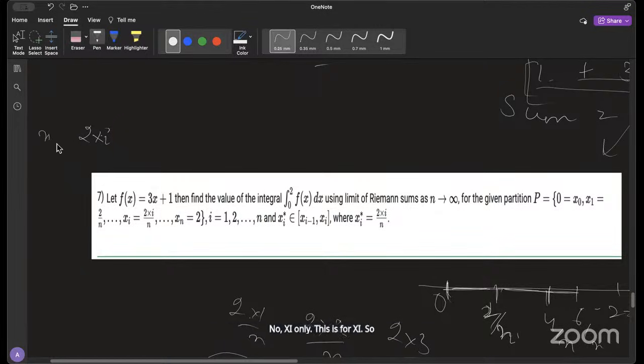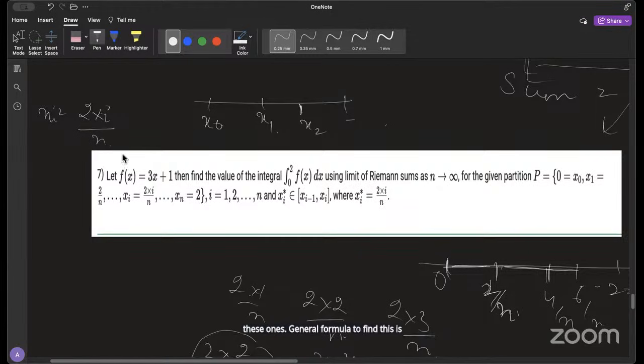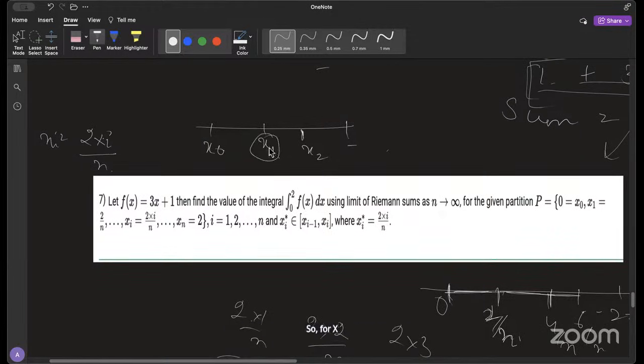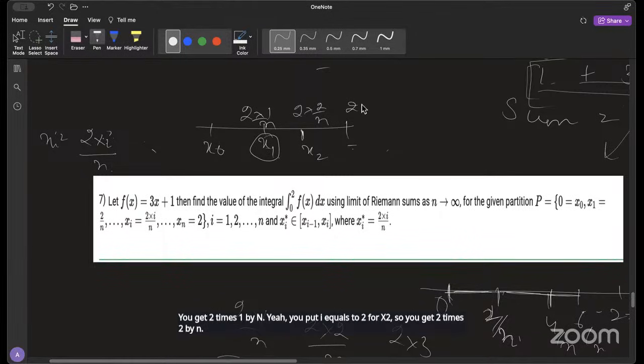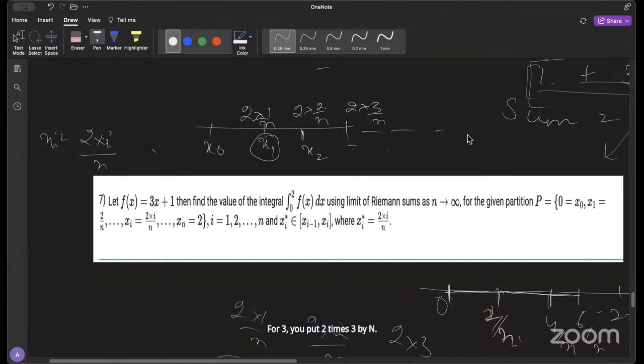General formula for xi, meaning these ones, x naught, then x1, then x2, to find this is 2i by n. So for x1, you put i equals 1, you get 2 times 1 by n. Here you put i equals 2 for x2, so you get 2 times 2 by n. For 3, you put 2 times 3 by n. And for xn, because your last one you take xn, right? So you do 2 times n by n.